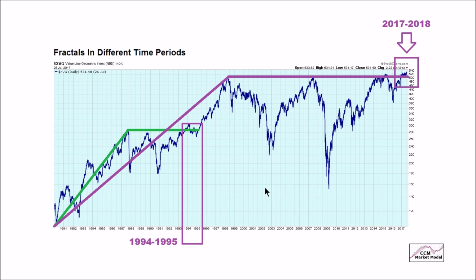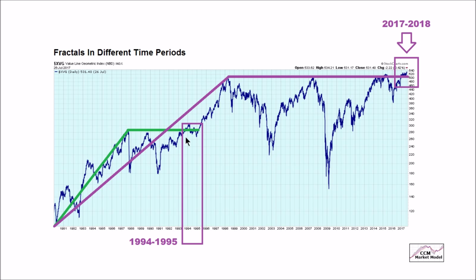So as we review the charts going forward, we're trying to figure out, does this fractal still apply in any shape, form, or fashion given what's happened between July of 2017 and early November 2018? To answer that question, you can see here in this fractal, we do have weakness before the strong rally.